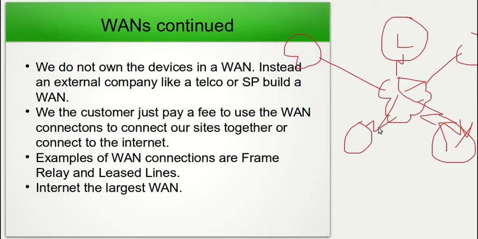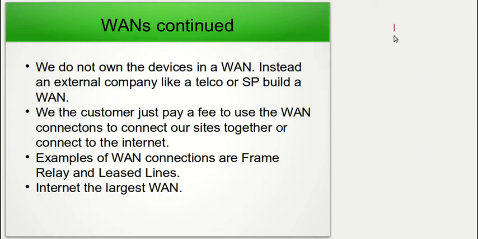Normally, companies like telcos or an SP would own a wide area network and would allow us to connect all of our devices together from different sites or from across the world, as long as we pay a monthly fee.